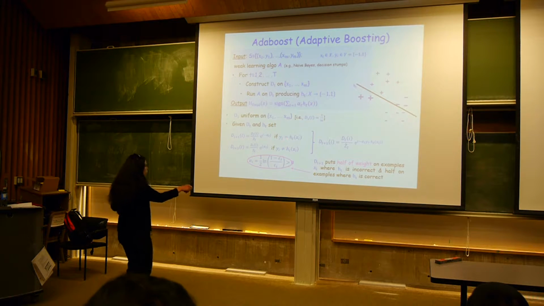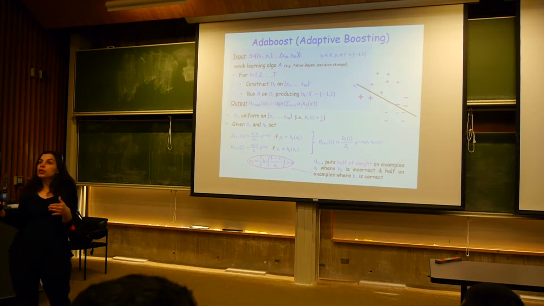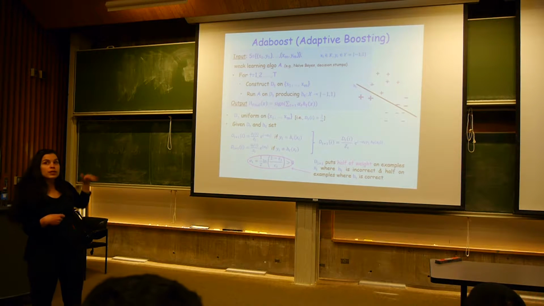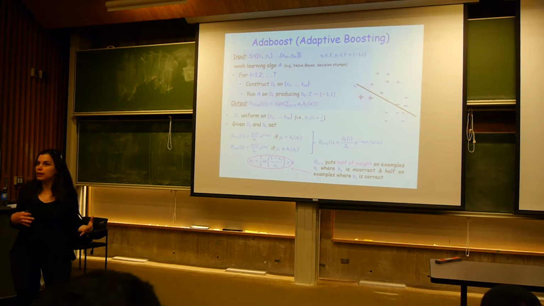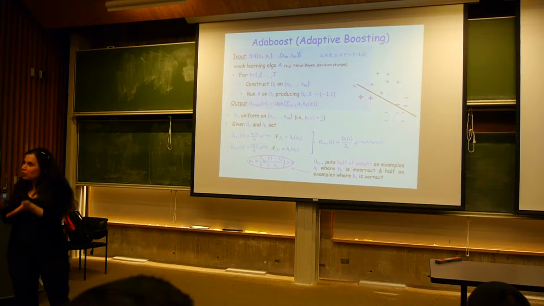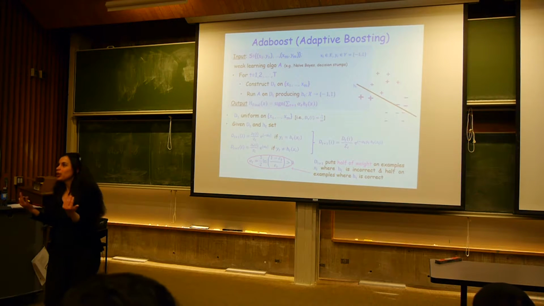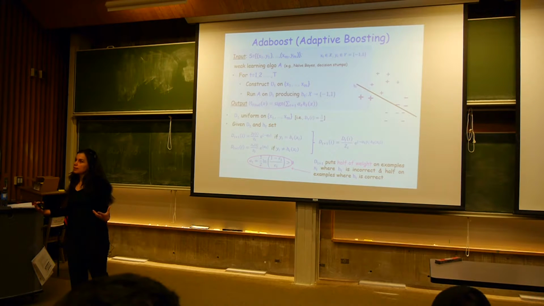So this is the formula here, but really what Adaboost does is very simple. The way you create a new distribution D_{t+1} is simply by increasing the weight on the examples incorrectly classified by the current weak learner, and decreasing the weight on the correctly classified examples, right? So we're somehow trying to focus on harder examples.